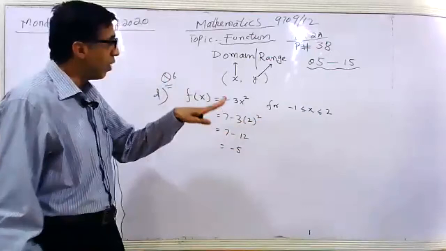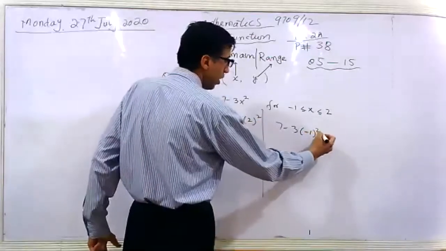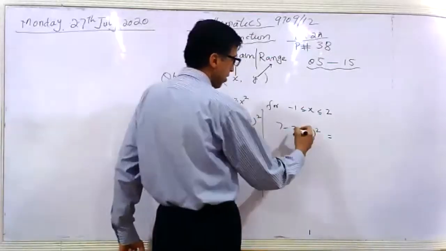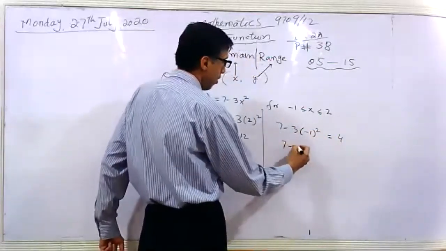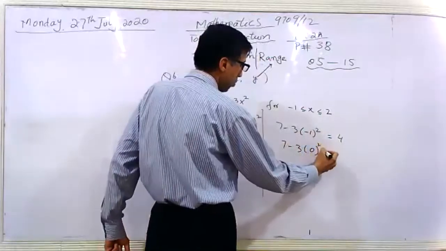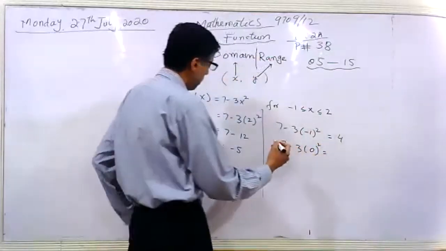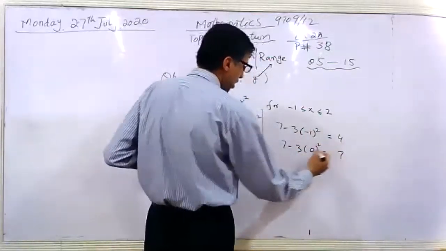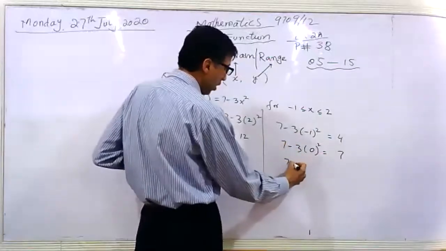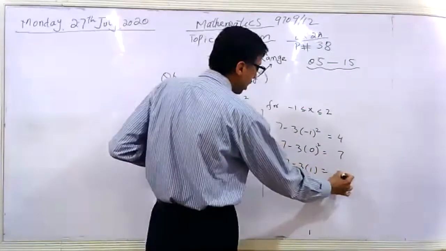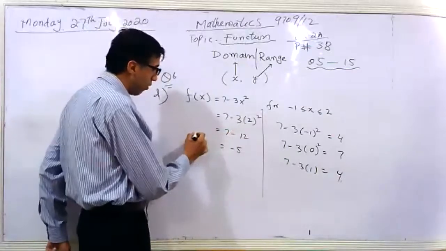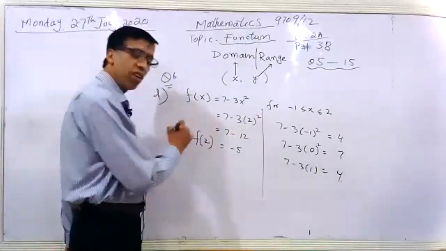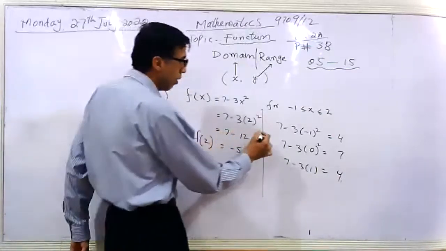Just like 7 minus 3, if I keep minus 1, I will get 4. If I keep 0, then it comes 7. If I keep 1, again it comes 4. It means the minimum value lies when I have kept 2 and the maximum value lies when I have kept 0.